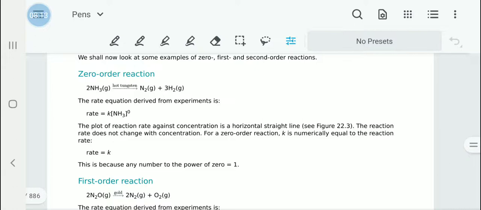That means the reaction rate does not depend on the concentration. Therefore, by changing the concentration, we cannot change the rate. Therefore, rate is equal to k.